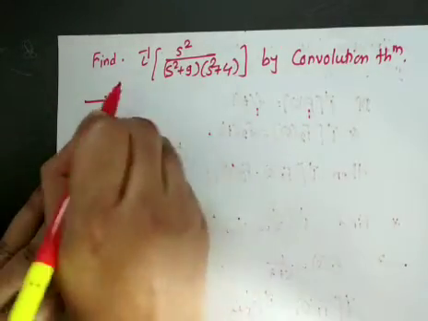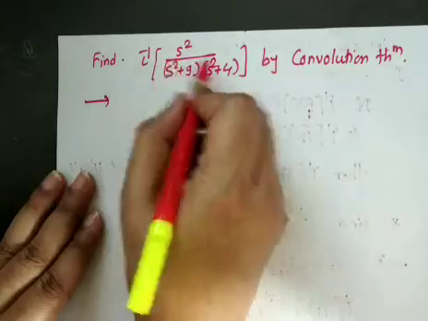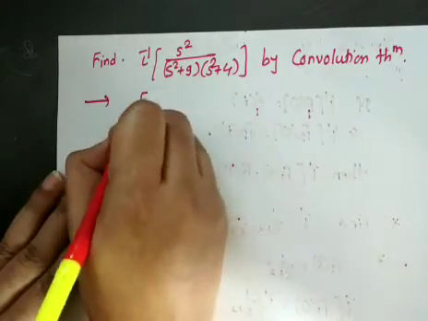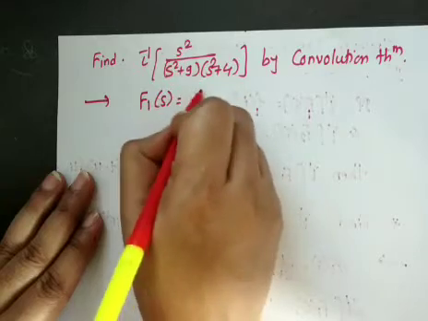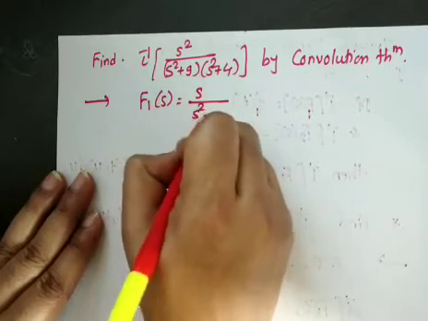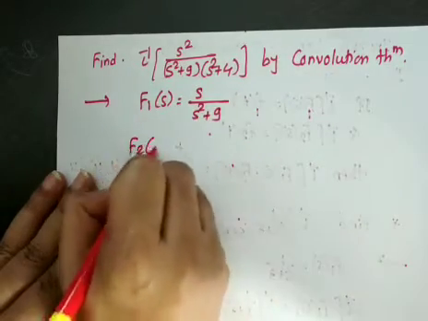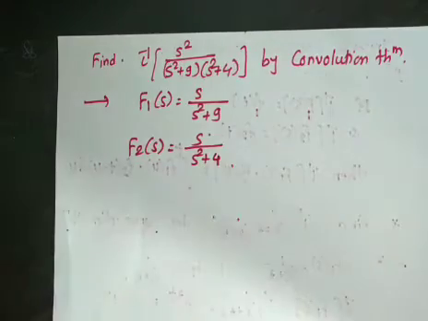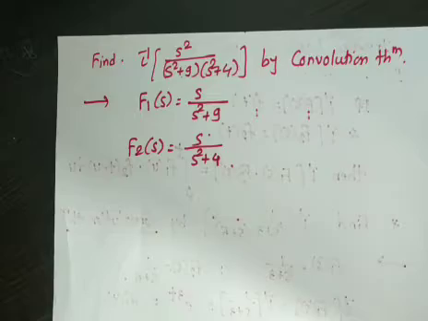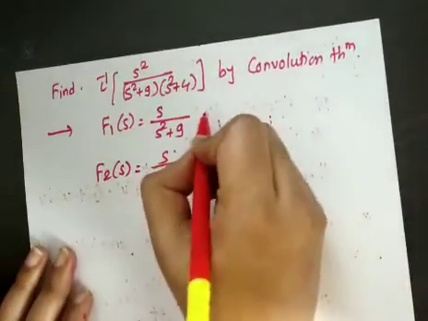So we have to first find two functions, the multiplication of two functions in this. So we'll write f1(s) as is, as there is s square, that is s into s, so I'll give one s to the first function, and f2(s) is s upon s square plus 4. Try to write such functions whose standard formulae of Laplace inverse are known.